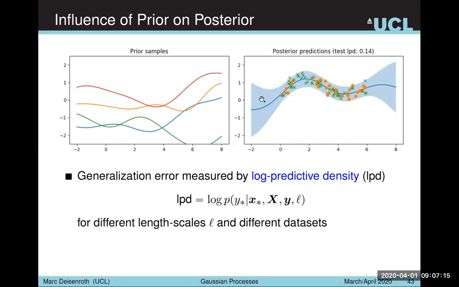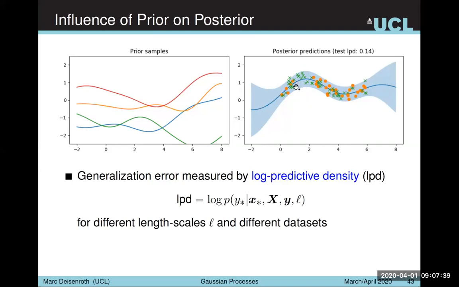Because this is a synthetic example, we can look at this data set that we have. Training data are the dots, and test data are the green crosses.